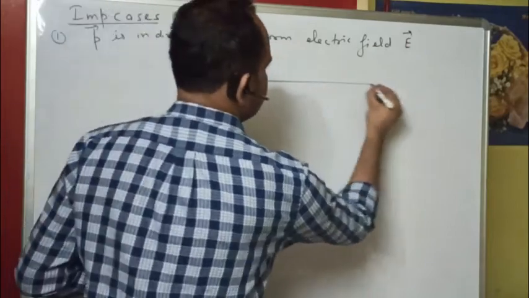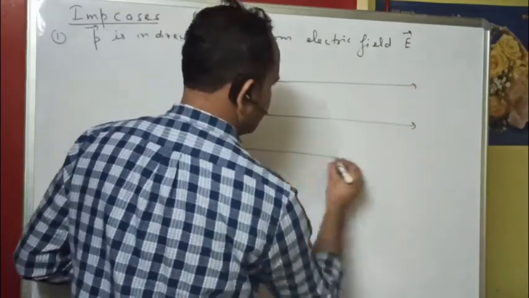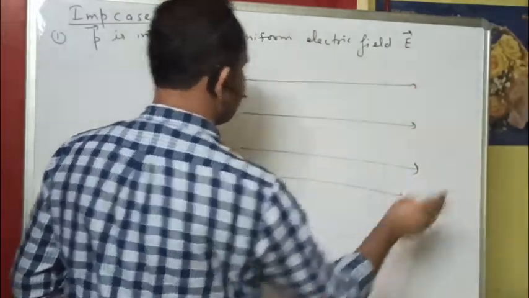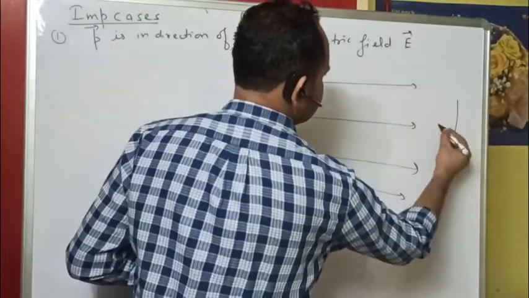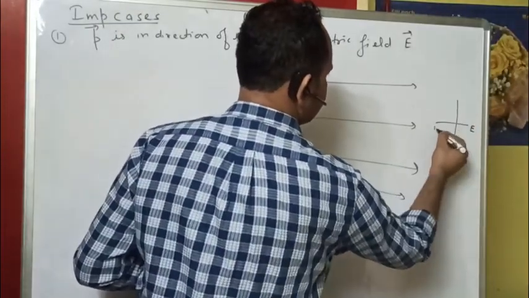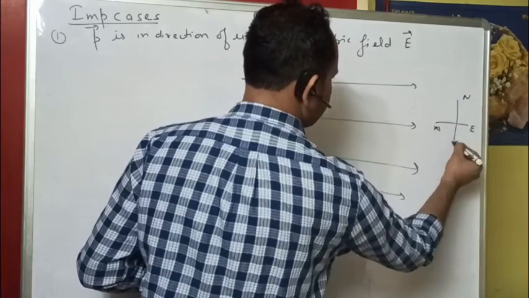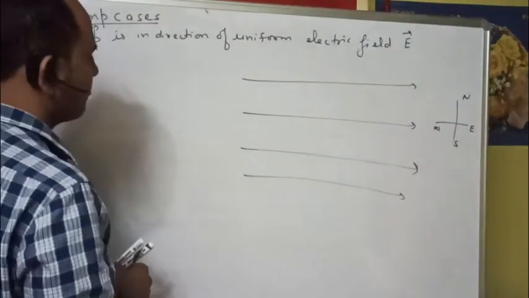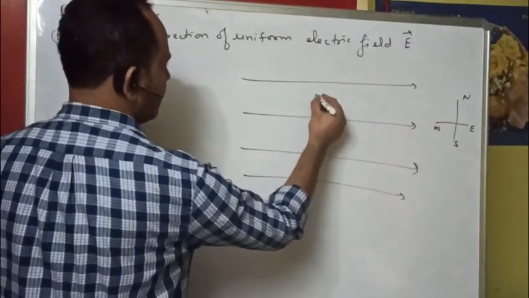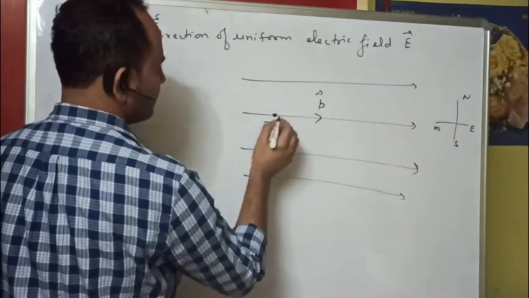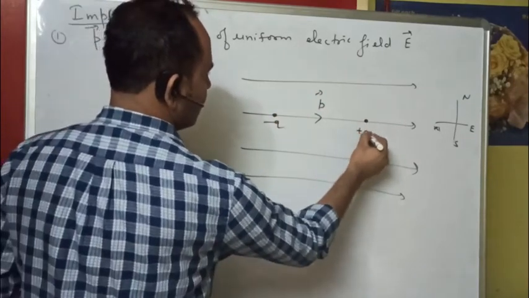Suppose these are electric field lines which are parallel and the field is in this direction, and this is the east direction, west, north, and the remaining south direction. So our dipole moment is in this direction. It means our charge is negative here and positive will be here.